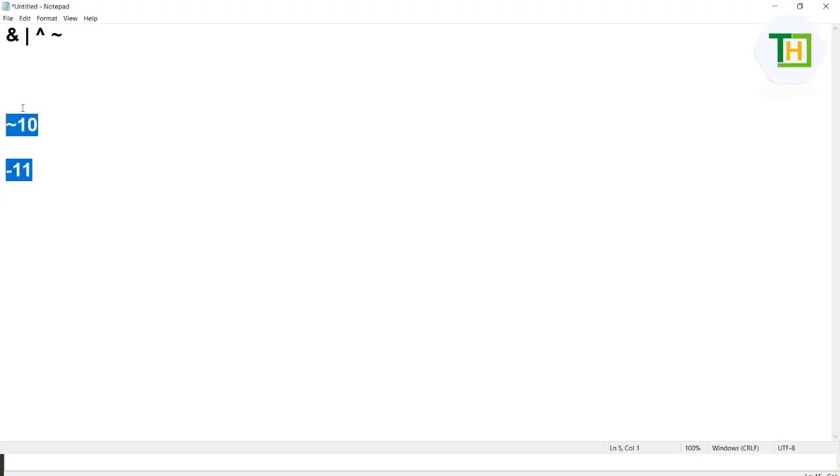This is about bitwise operations, and two more operators, the left shift operator and the right shift operator. These questions are also going to be like this.